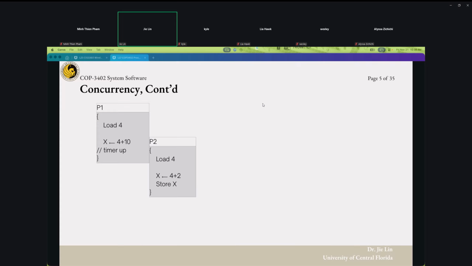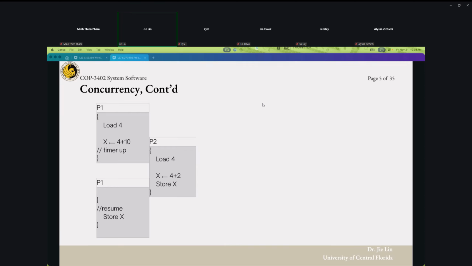Now P2 simply runs completely, loading X. What is the current X? 4, still 4. Adding 2, which gives a value of 6, back into the memory. And when P1 resumes, it still holds 14 from its earlier computation.